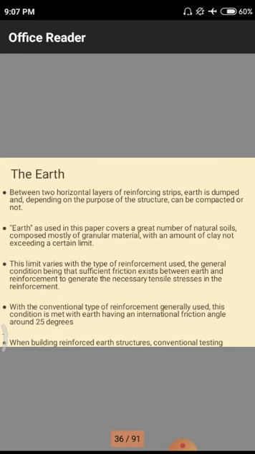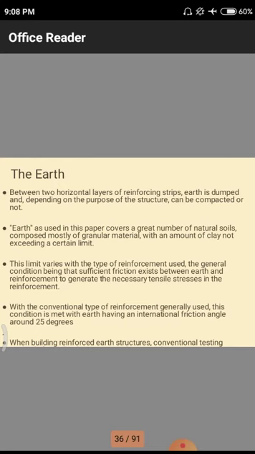Otherwise, less friction means less distribution of stresses from the steel to the soil mass. If there is less distribution of stresses, the total forces will be divided onto the two facing elements, and some structural leakage will take place.